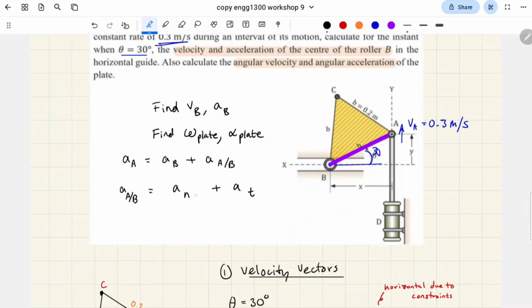Except in this context, we're going to be doing something more like this, which looks a bit scary, but it's not too bad. Basically, we're going to be splitting up the acceleration of A relative to B into its normal and tangential components, right?